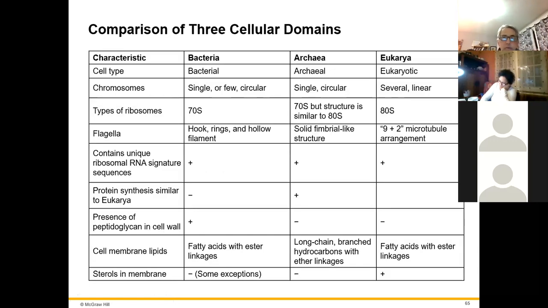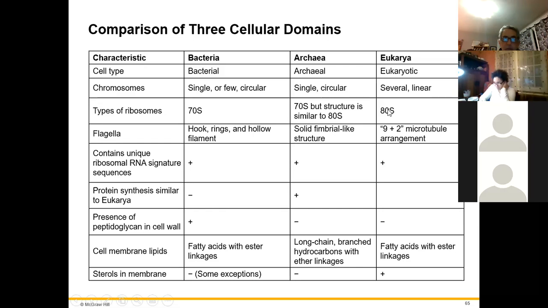Comparisons of the three groups: the bacteria usually have a single, sometimes a few, circular chromosomes. The archaea always have a single circular chromosome. In eukaryotes, our genetic material is linear DNA. Bacteria have a 70S ribosome. Archaea can have 70S, but the structure is more similar to 80S, like ours.